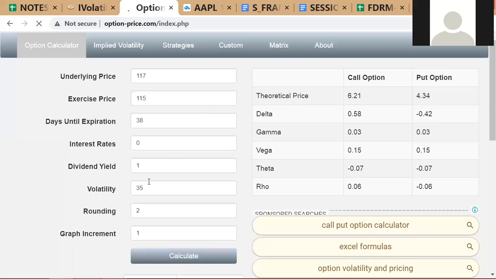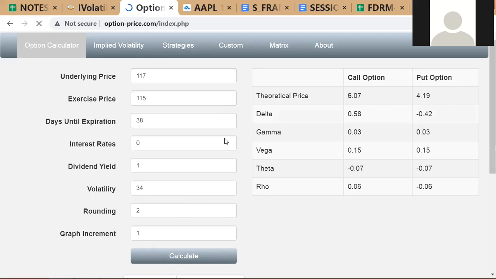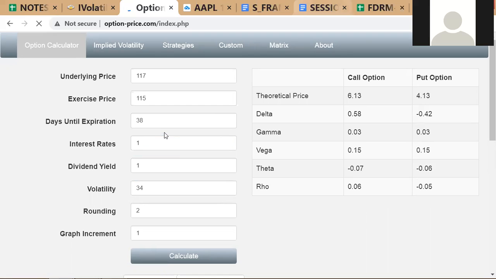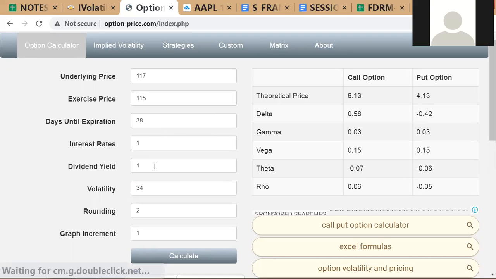Obviously, these inputs are a little bit different. So they put in all these inputs, and the only input they don't know is the vol. So they keep changing the vol until they get a model output which is equal to the option price. Maybe we can increase this to 1, or reduce the dividend yield or something.